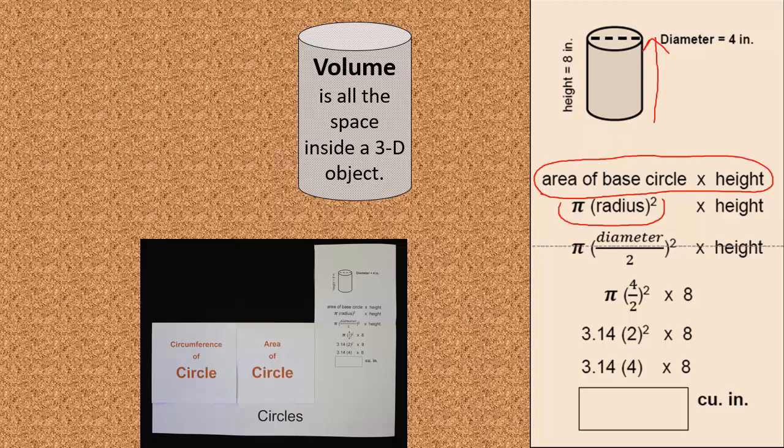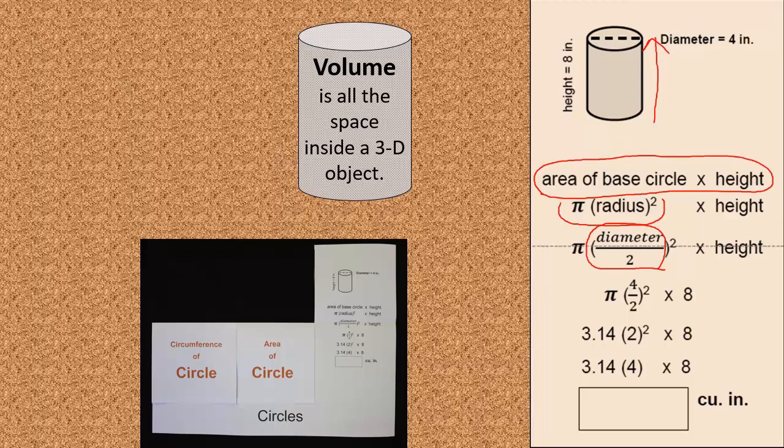So it's no problem because the diameter is the same as a radius and another radius, two of those. So right here, we will just say diameter divided by 2 to get back to a radius so that we can follow the formula that's right above us.